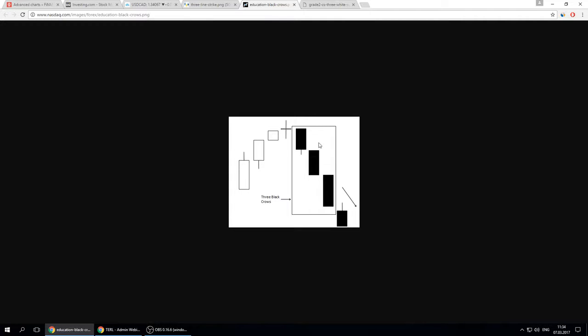So pay attention. Firstly, only when they appear in an uptrend, only when they don't have long shadows, upper or lower, and when the next candle starts within the limits of the previous one, that's better.